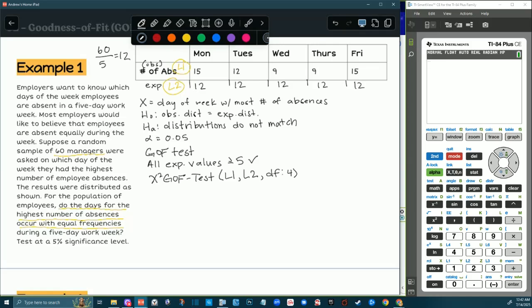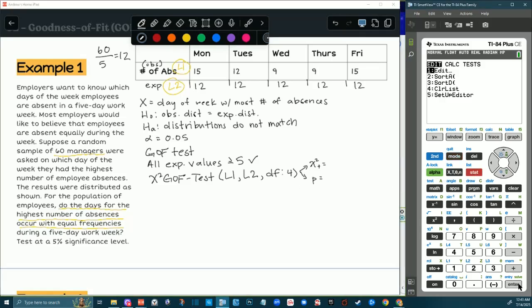And that's going to give me 2 things. It's going to give me my chi-squared test statistic. It's going to give me my p-value. So let's go ahead and do that really quick on our calculator. So to run chi-squared GOF, I know I need to put observed in list 1, and then expected in list 2.